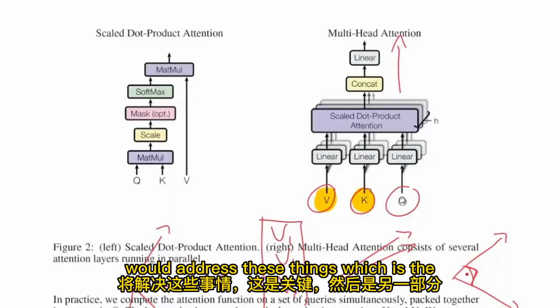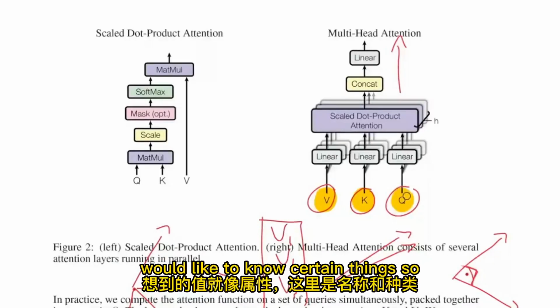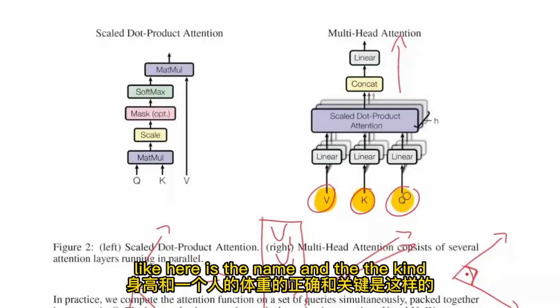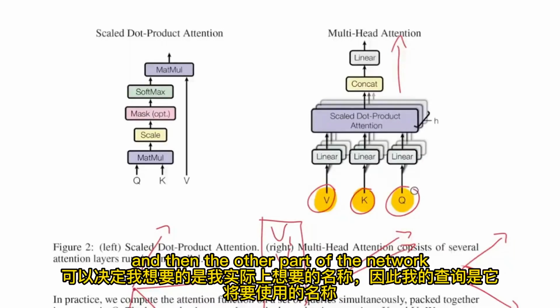And then the other part of the network builds the queries. It says, I would like to know certain things. So think of the values as attributes, like here is the name and the tallness and the weight of a person, right? And the keys are like the actual indexes, like name, height, weight. And then the other part of the network can decide, what do I want? I actually want the name. So my query is the name.